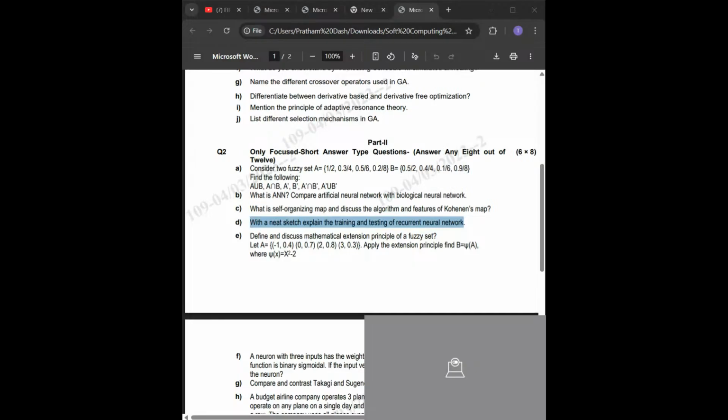Take some input data, find some output from its formula, from its pattern structure, test against expected output, and fine tune it.